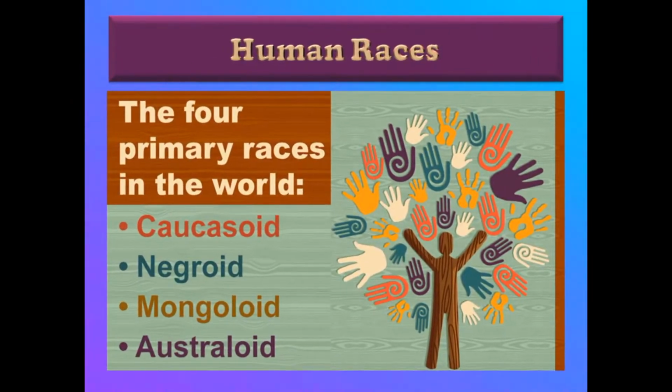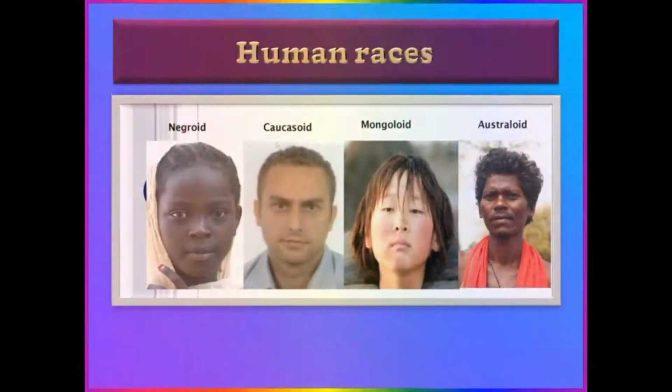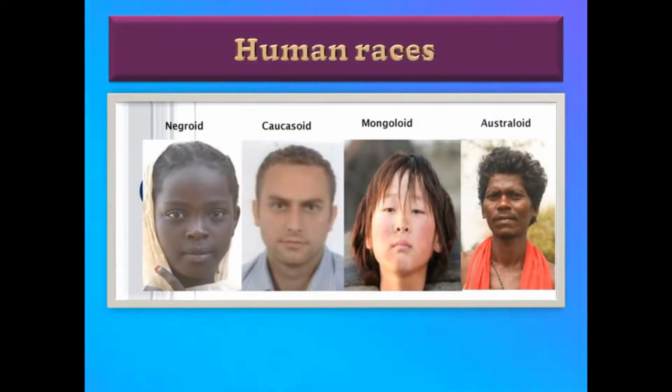Human races. There are mainly 4 primary races in the world: Caucasoid, Negroid, Mongoloid and Australoid. So, here you can see the different human races: Negroid, Caucasoid, Mongoloid and Australoid. They have slight changes.